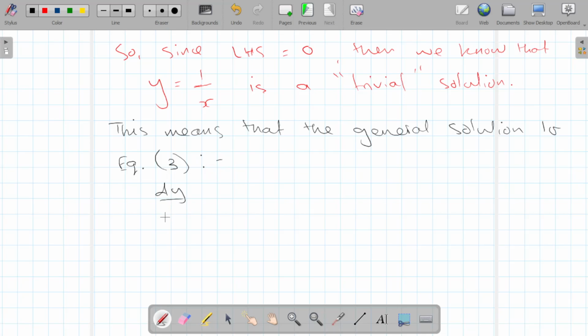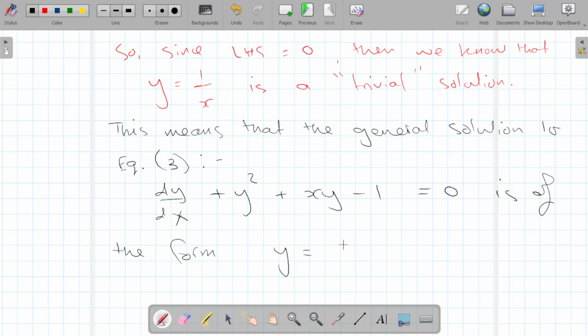dy by dx plus y squared plus xy minus 1 equals 0 is of the form y equals 1 over x plus 1 over v.